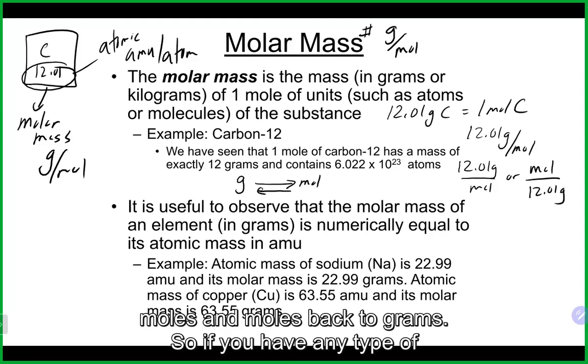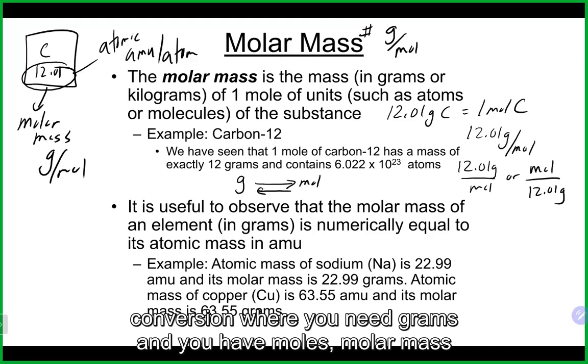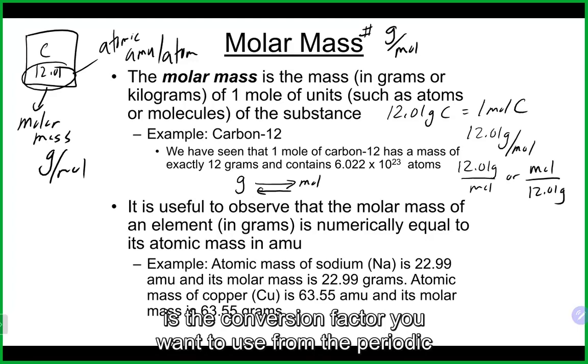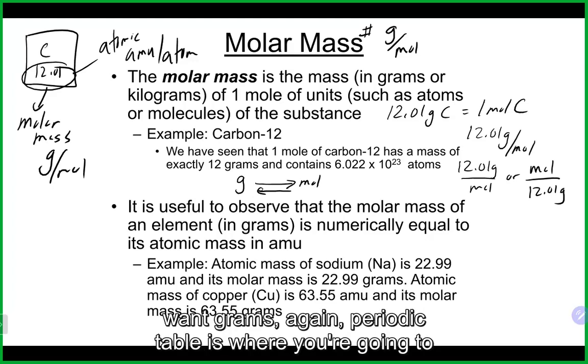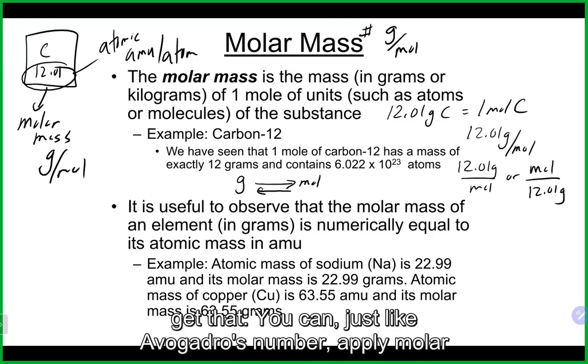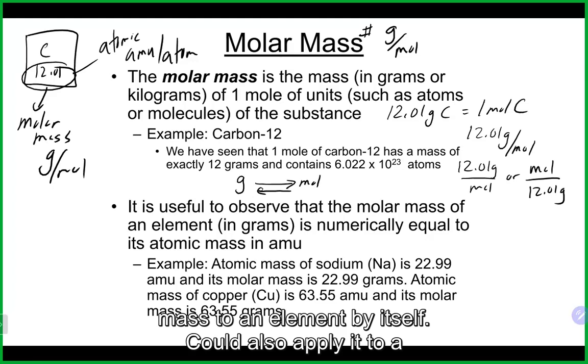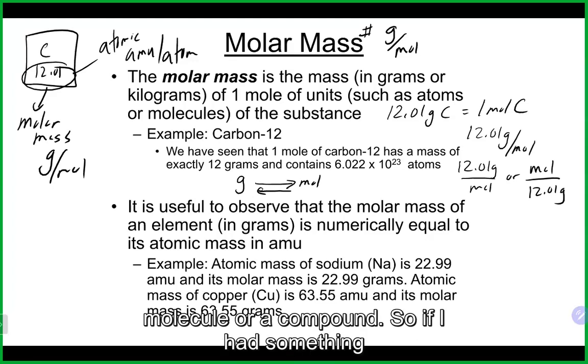So if you have any type of conversion where you need grams and you have moles, molar mass is the conversion factor you want to use from the periodic table. If you have grams and you want moles, or moles you want grams, again, periodic table is where you're going to get that. You can, just like Avogadro's number, apply molar mass to an element by itself. You could also apply it to a molecule or a compound.